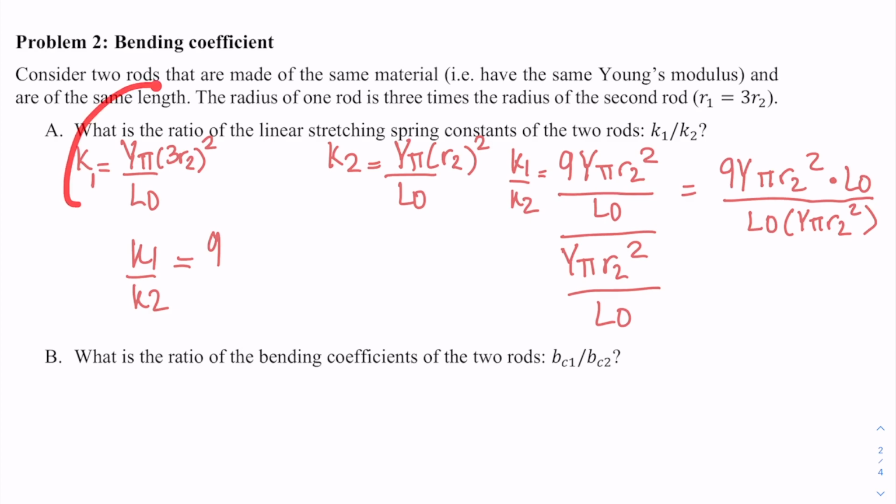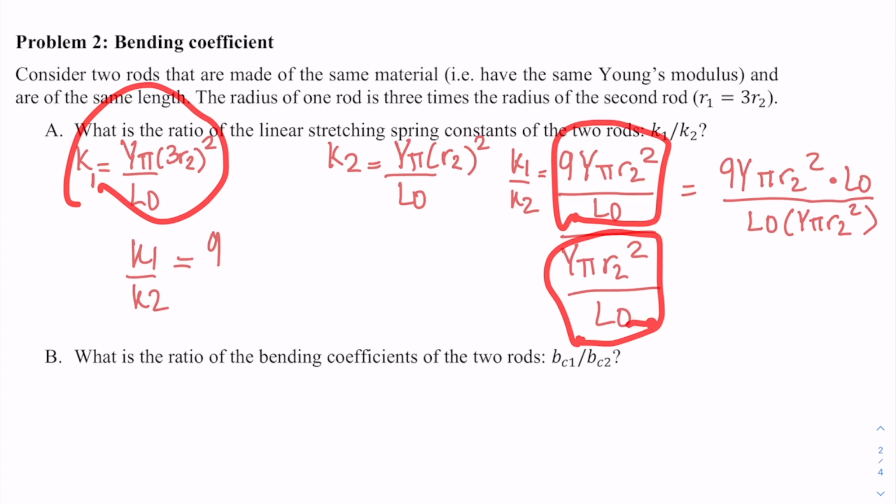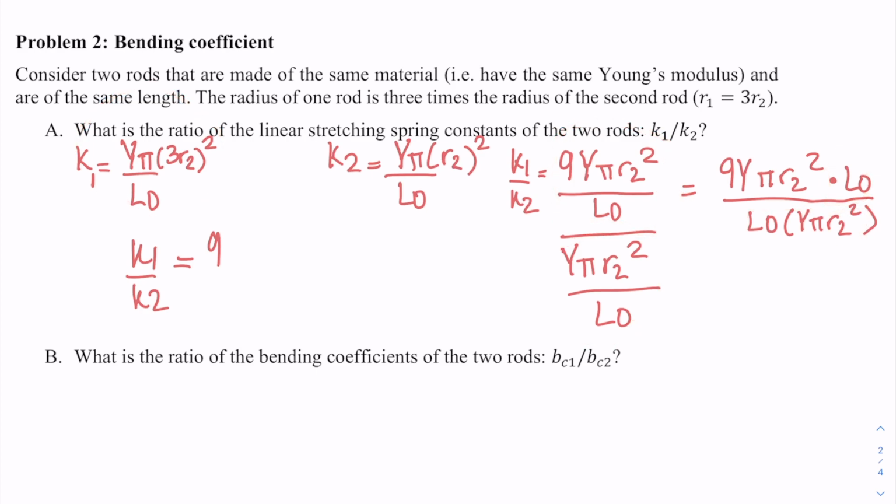So this is K1. We took that and divided by K2. This should flip over here, so you're multiplying by L0 divided by that. Yeah, okay. I'm getting 9:1. Yeah, go ahead.